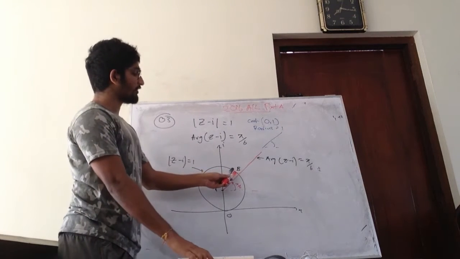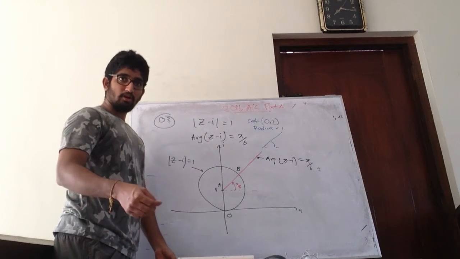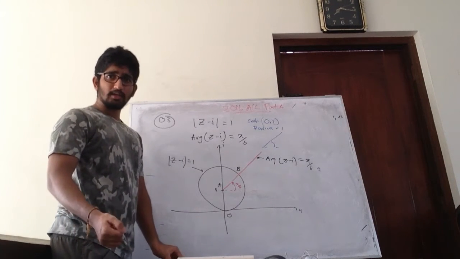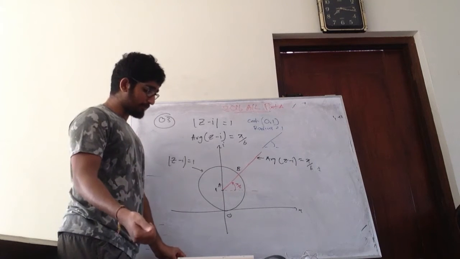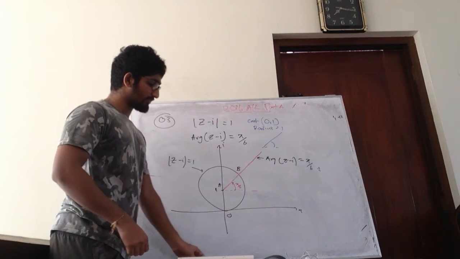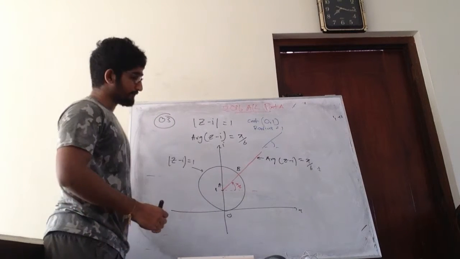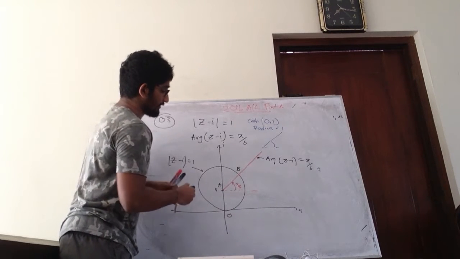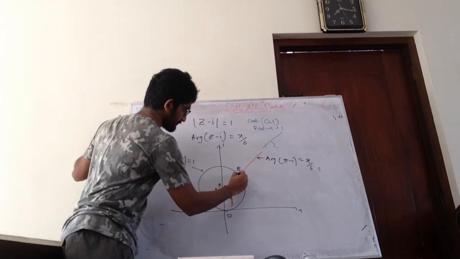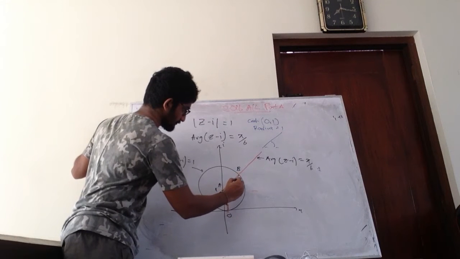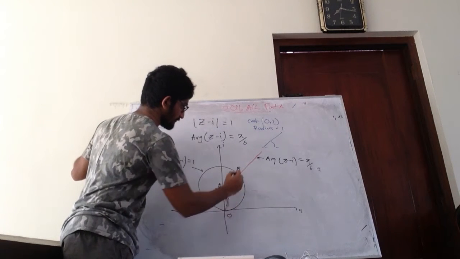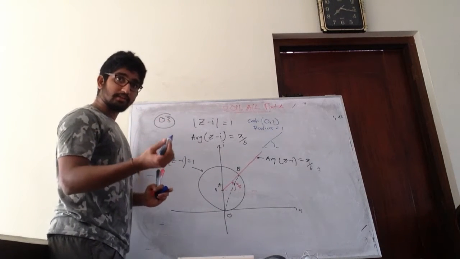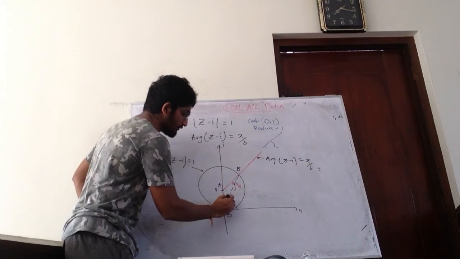So they want B. They want the complex form of B. To find the complex form of B, you need several things, no? What I actually need is, first of all, to know this angle.